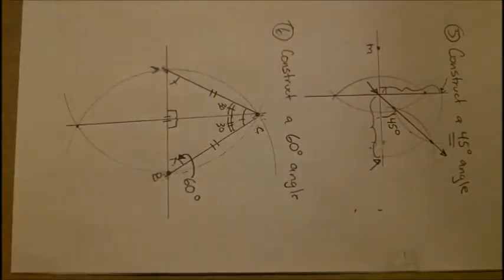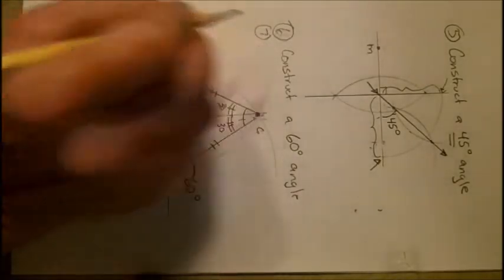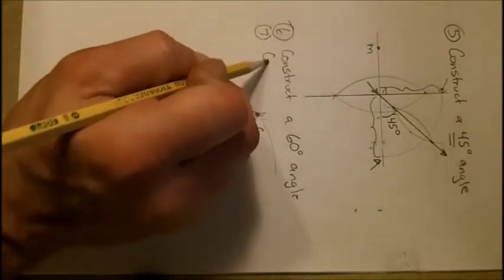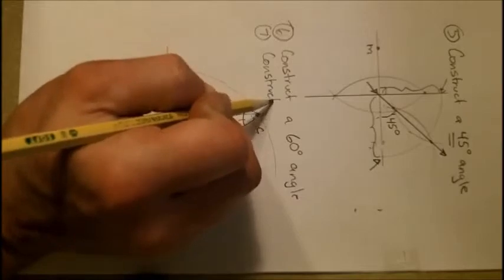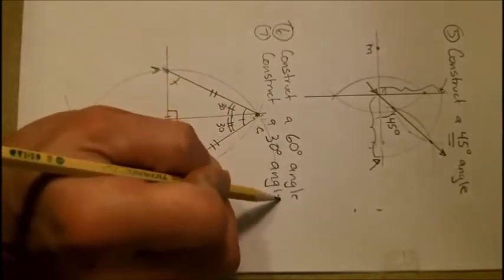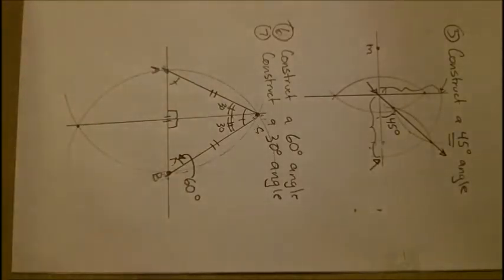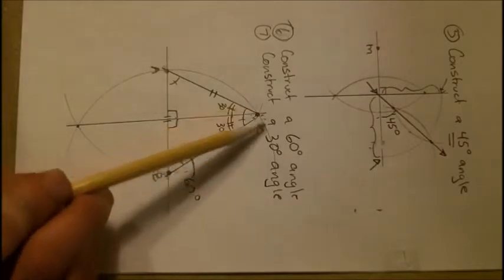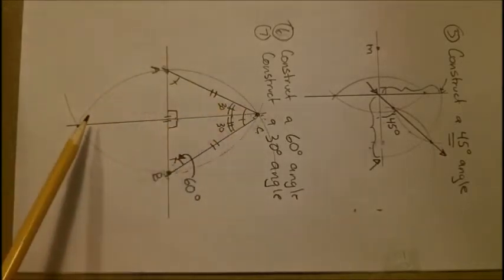So there's a way to make both a 60-degree angle and a 30-degree angle. And if you can do all of those on a test, demonstrate, then you will get at least a passing grade in geometry. Just remember, I want to see all of these arcs.